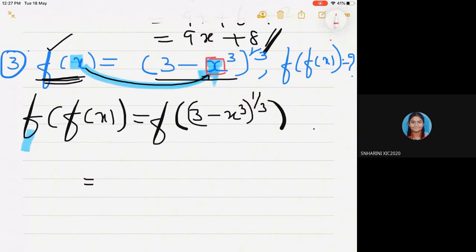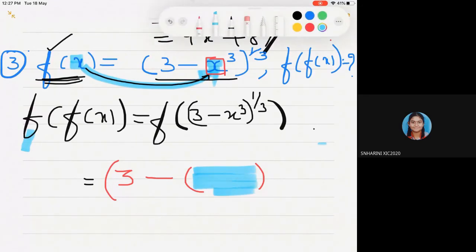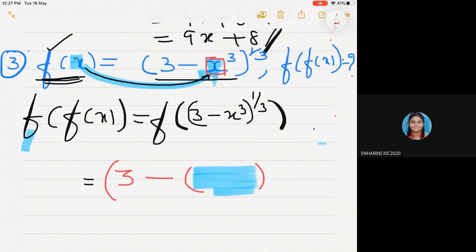This place you keep vacant. Okay, the rest you have to copy like this. 3 minus, that place is kept vacant. So I am putting here this sign. This is a vacant place because that stands for the point x raised to 3 raised to 1 by 3.